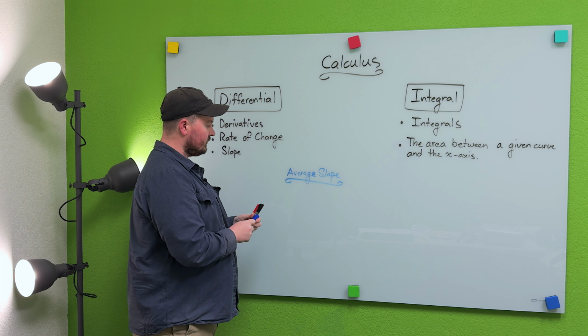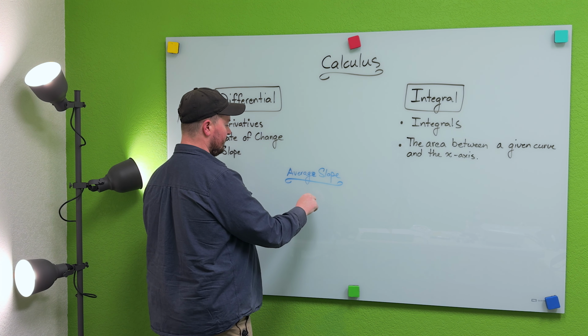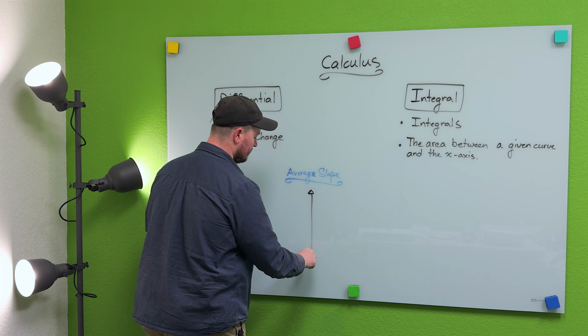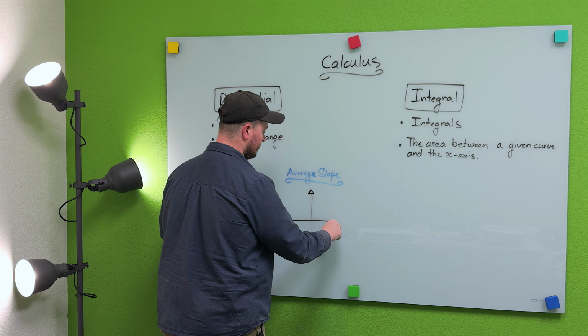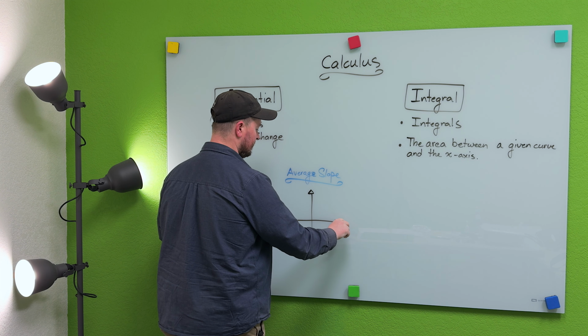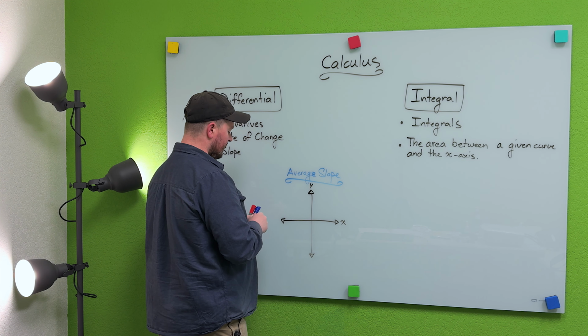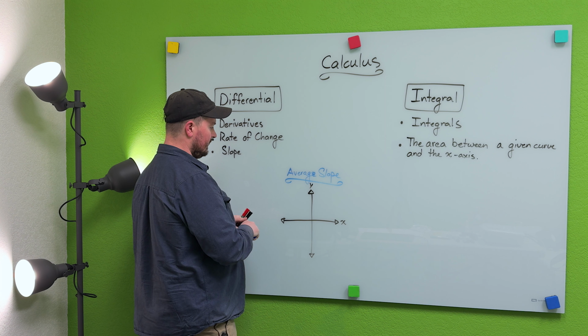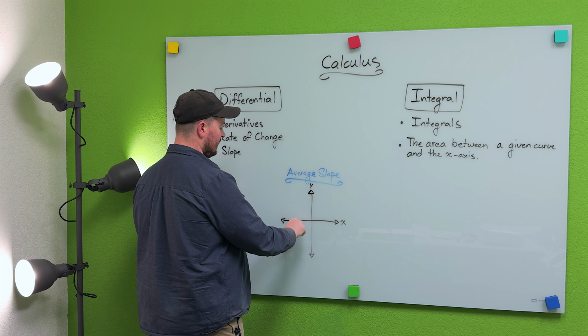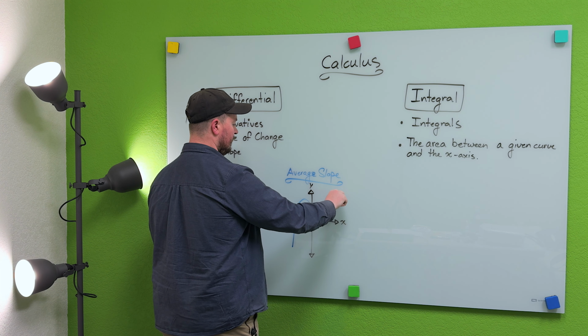And if we just draw ourselves a curve for just a moment, so we'll draw some coordinate axes. X-axis, y-axis. Let's say we have a curve that looks something like this. So the curve goes up, then down, then up again.